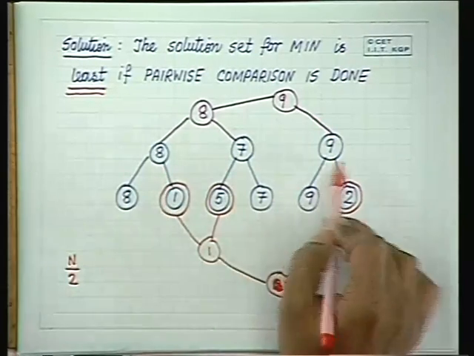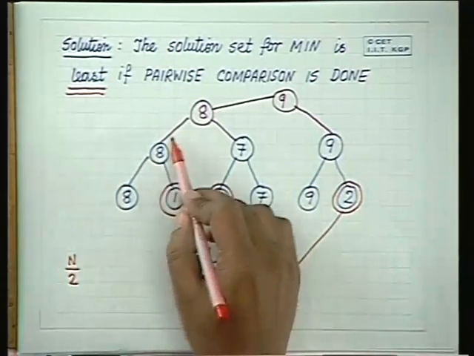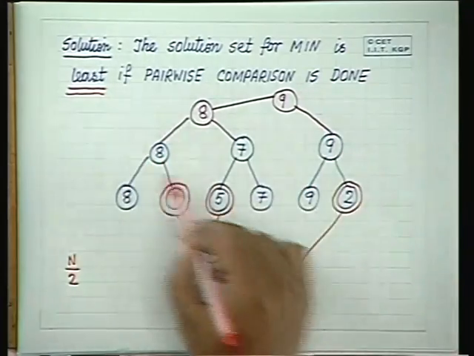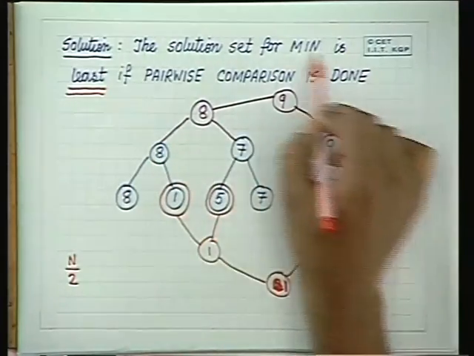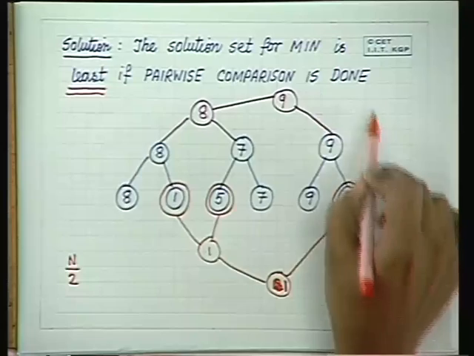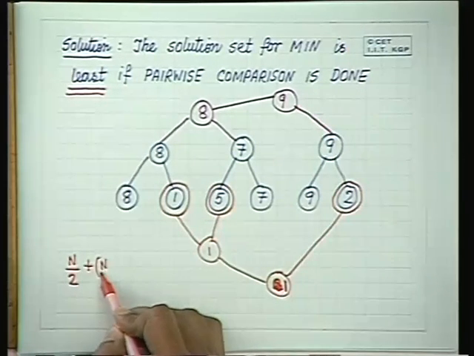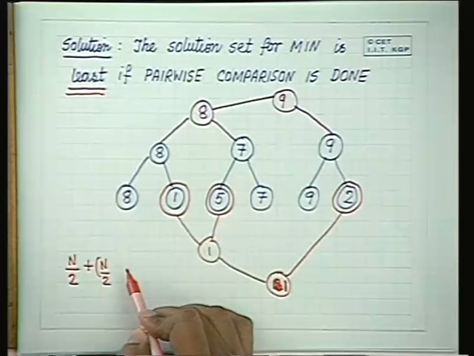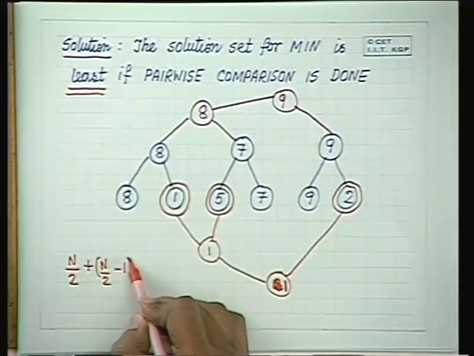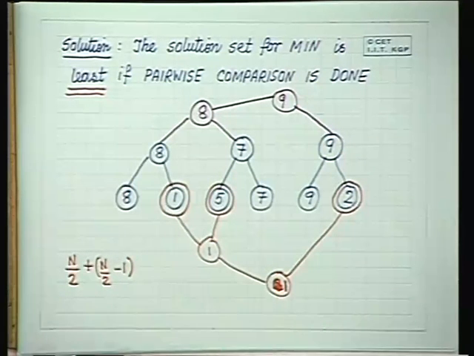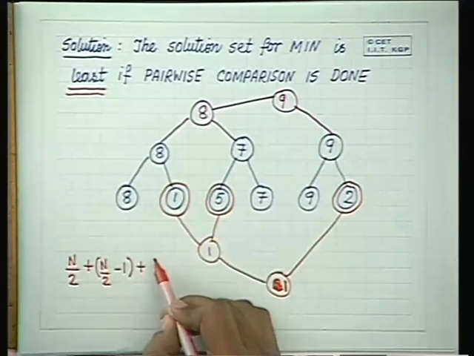to declare the first round winners and losers, and then among this we have to declare the winner, that is maximum of n by 2 numbers. Maximum of n numbers is n minus 1, so maximum of n by 2 numbers is this. These are the number of comparisons, the rest remaining same.